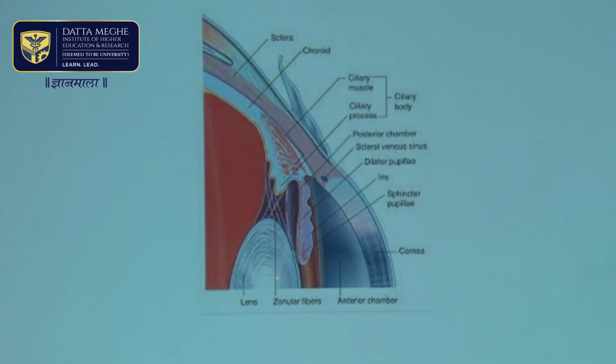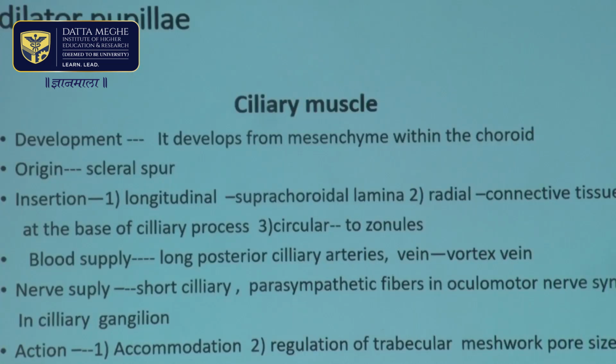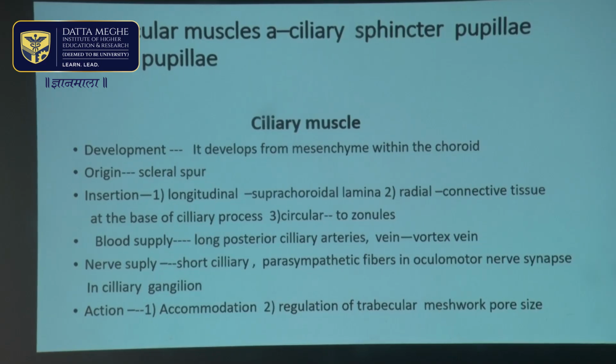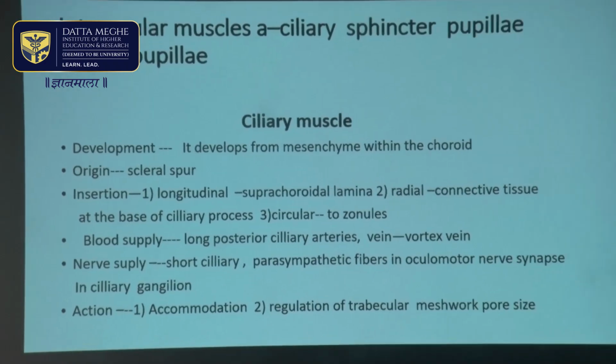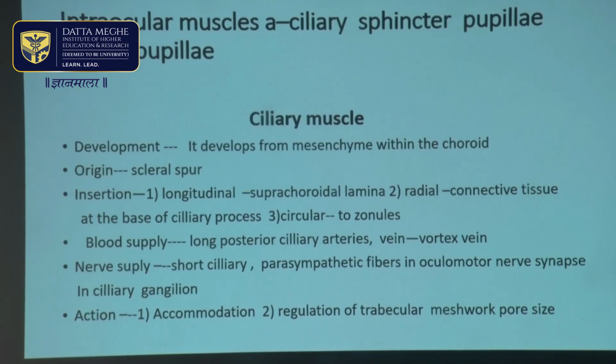This is the crystalline lens, attached to the ciliary process via the zonules. So, the origin of the ciliary muscle is from the scleral spur. The scleral spur is just a fibrous ring on the inner side of the sclera and it is close to the trabecular meshwork.